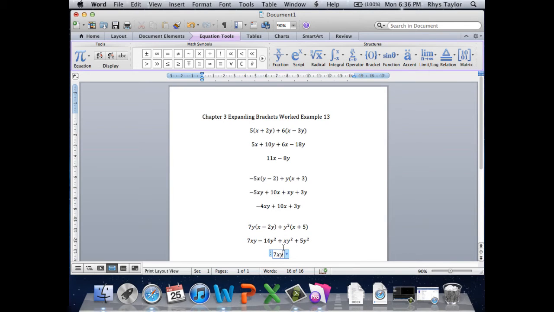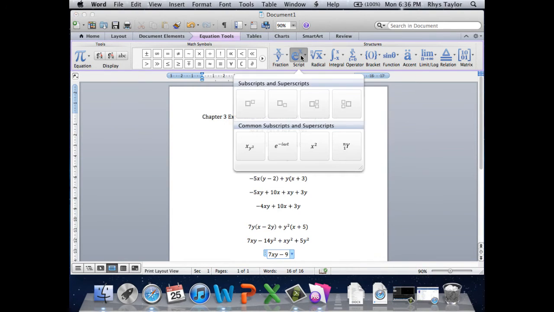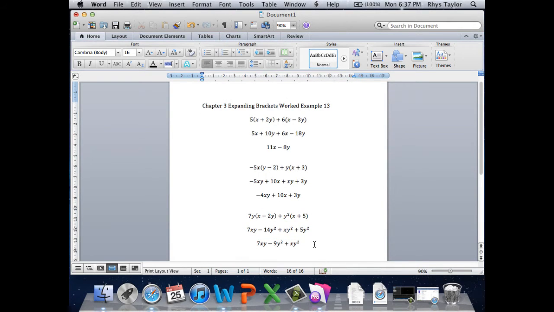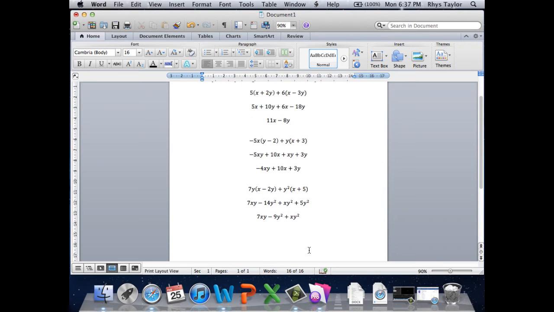That gives me negative 9y squared, and then xy squared, there's only one of those, so he can sit on the end. Done. Simplified the parts I could, left the parts I couldn't.